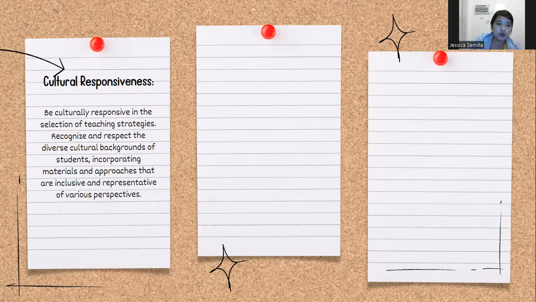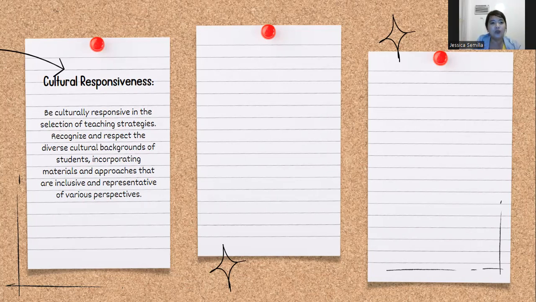So therefore, it's easy to integrate and connect, and it promotes inclusivity. It creates equal opportunity and representation of various perspectives. Therefore, it creates a harmonious learning environment because learners are accepted, with equal opportunity, and it is learning that will not make our learners left behind.